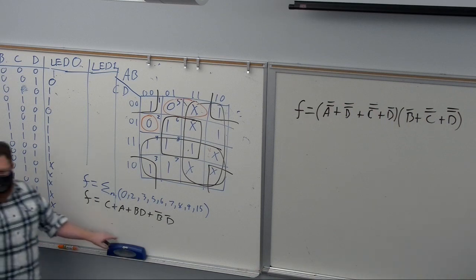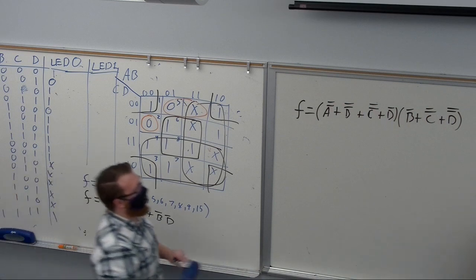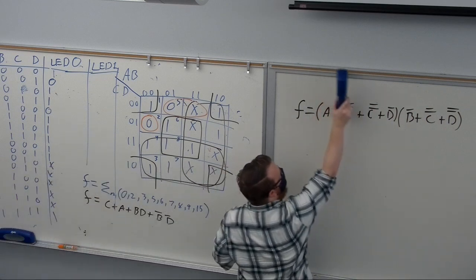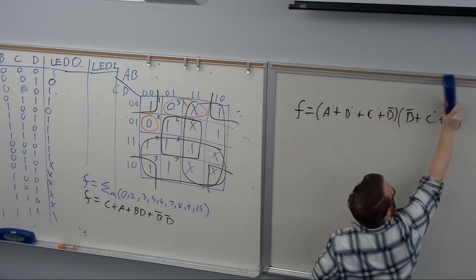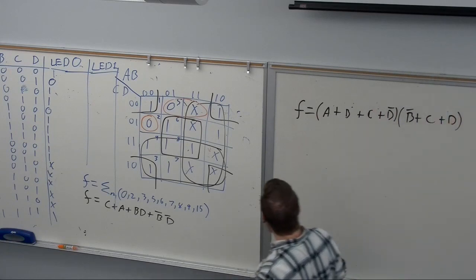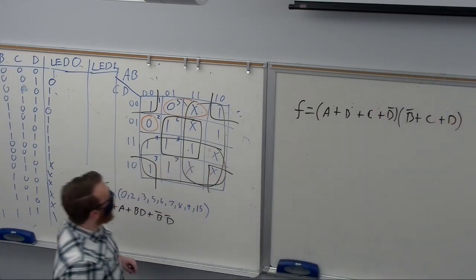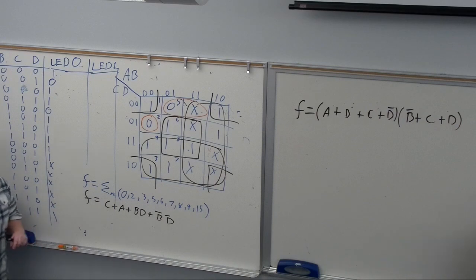And we know if we take the complement twice, it cancels out. And that, hopefully, is our product of sums expression for F.